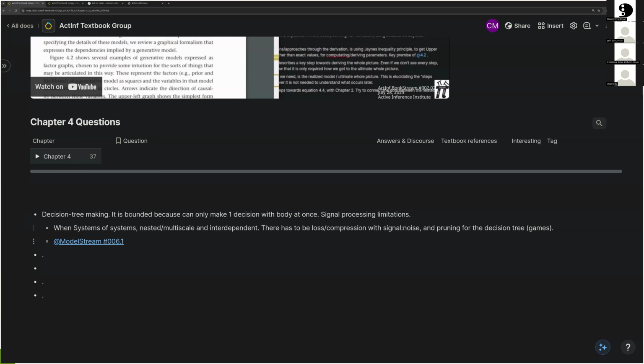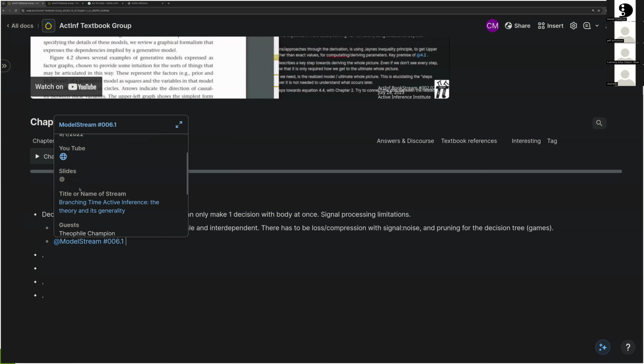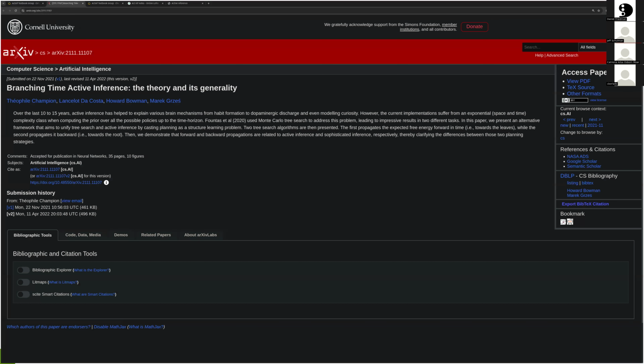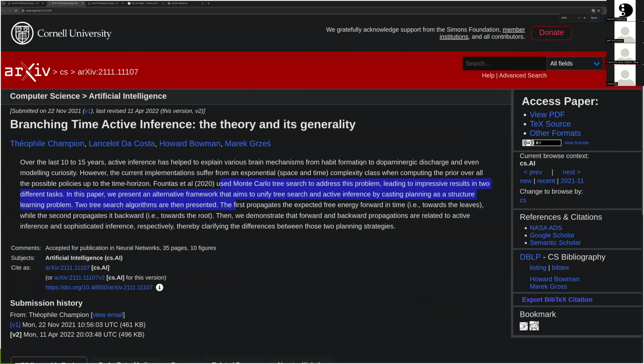One ActInf connection there is this branching time active inference direction, and maybe a little bit about more recent work. This is drawing methods from dealing with these tree and combinatoric explosions, whether in the combinatoric explosions of interpretations on the inbound, or joint action planning, or plan selection.